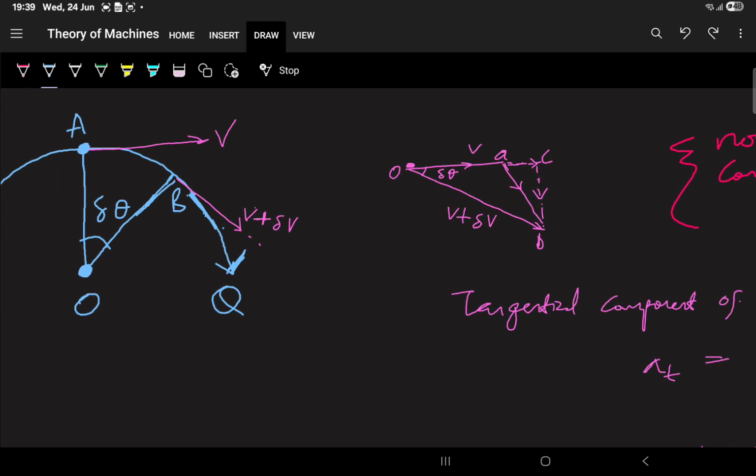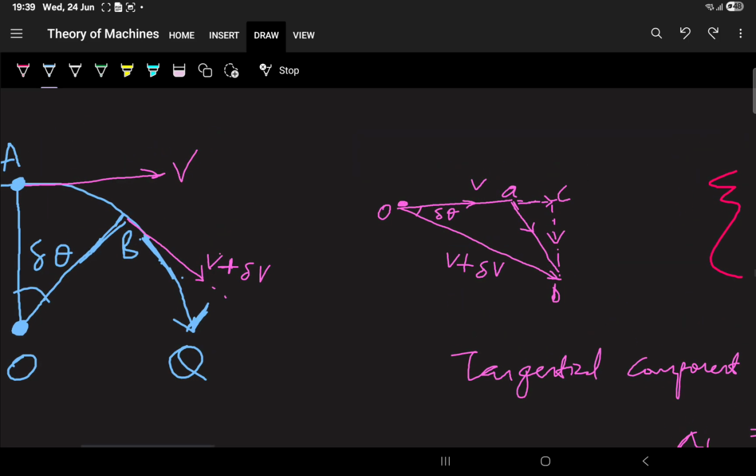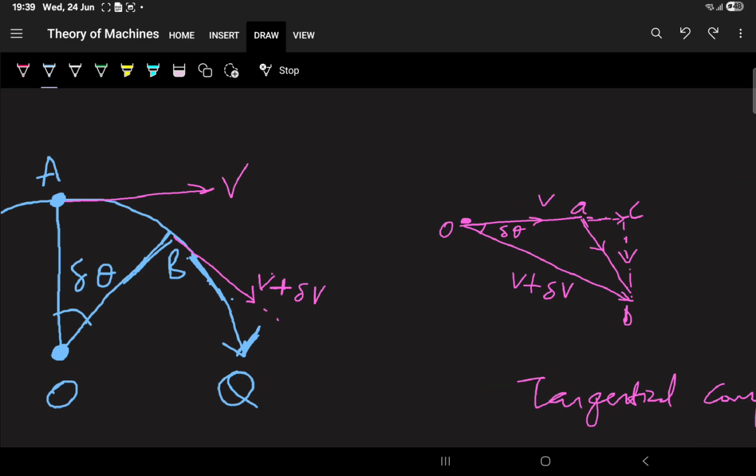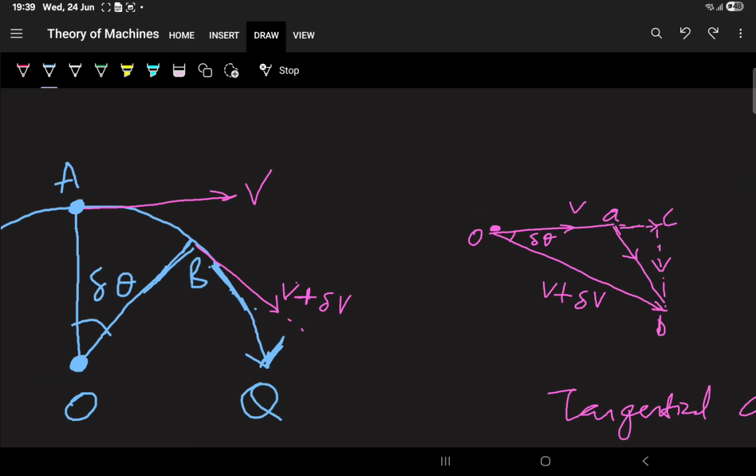Now we can resolve this into a vector diagram, which we have here. Simply put, this vector diagram is just showing pictorially, clearly, directions. So this is how it's resolved.